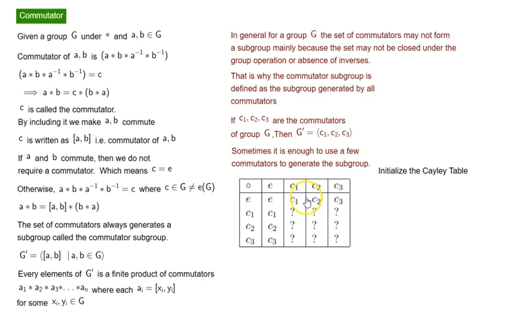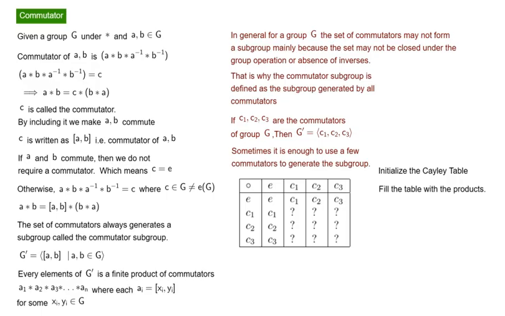Then we start filling up the table with the products. As far as E's are concerned, it's pretty straightforward. Just copy the headers. Now, C1 times C1, whatever is the result, you write it here. Similarly, start filling up all the cells.